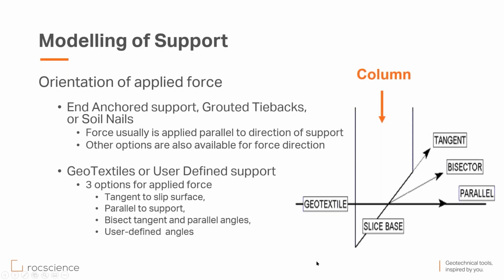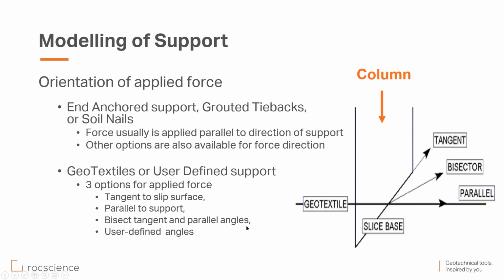This is the 2D view. The orientation of the applied support force depends on the type of support that we use, so we can have different orientations for the support. For example, for end anchored support or grouted tieback or soil nail, the force is usually applied parallel to the direction of the support, similar to here.